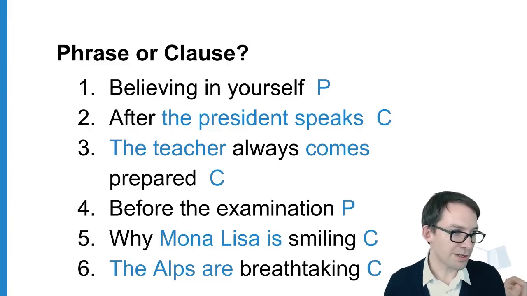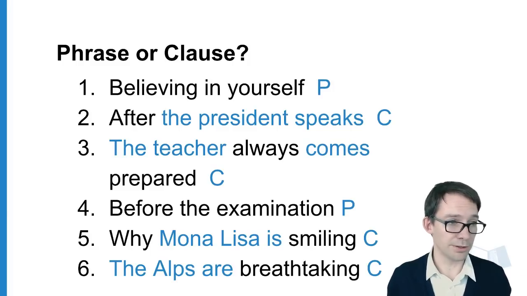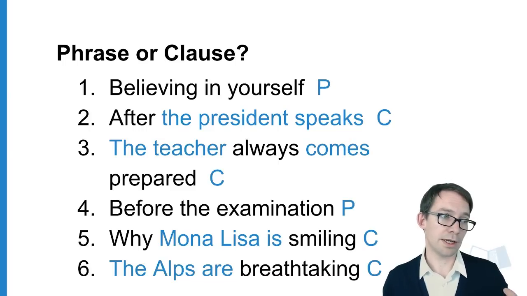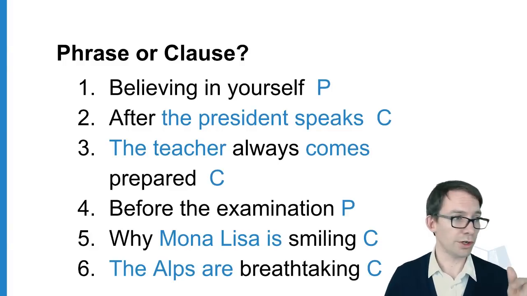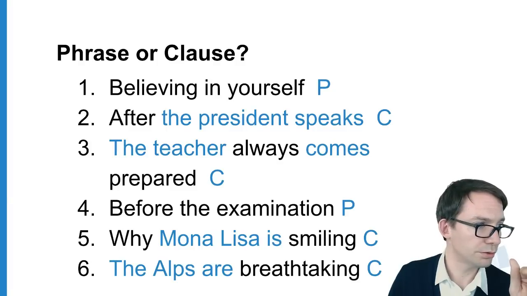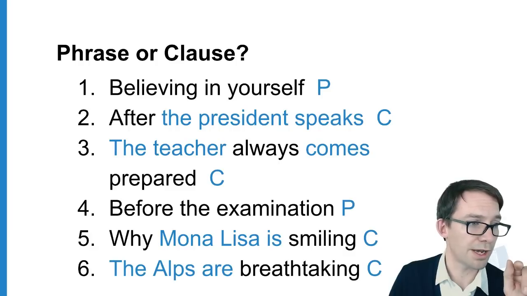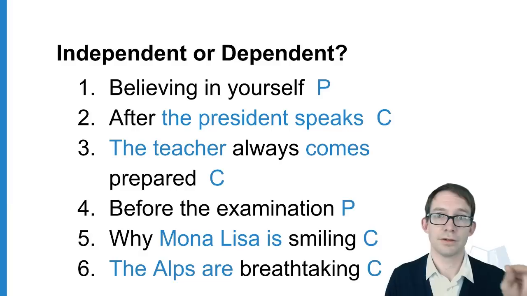Now, before we continue, I want you to keep looking at this same group of phrases and clauses. We know that phrases are always incomplete. But as we said before, clauses can be independent or dependent, meaning they can be complete or incomplete. So look at number 2, 3, 5, and 6, those four clauses, and just quickly decide, are these clauses independent or dependent?